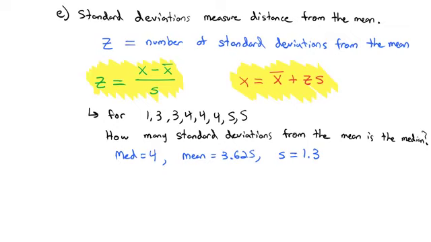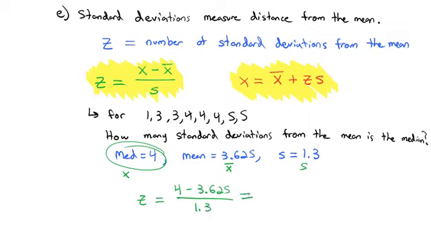So if we want to find out how many standard deviations the median is from the mean, the median is x, the mean's the x bar, and the standard deviation is s. So z, the number of standard deviations, 4 is, we subtract the mean of 3.625 and divide by the standard deviation of 1.3, and we find the median is 0.288 standard deviations from the mean.